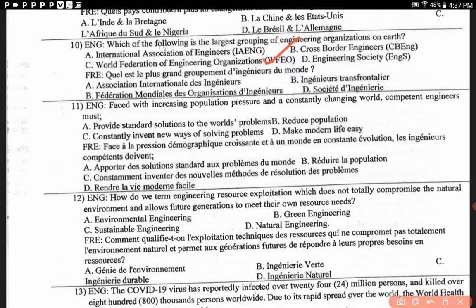Now we are going to look at B and D together. B is cross-border engineers and D is engineering society. I would like to say that cross-border engineers and engineering society are not established organizations of engineering.